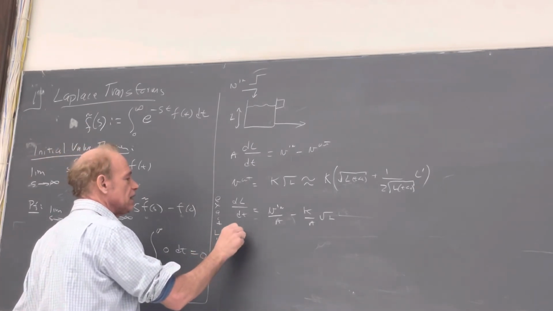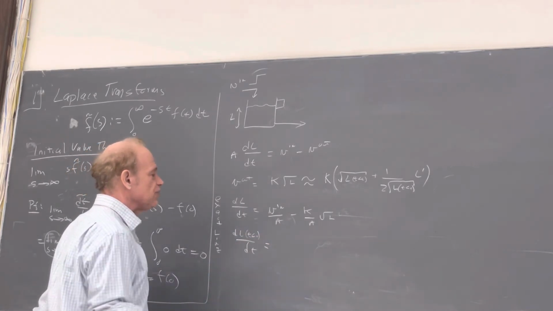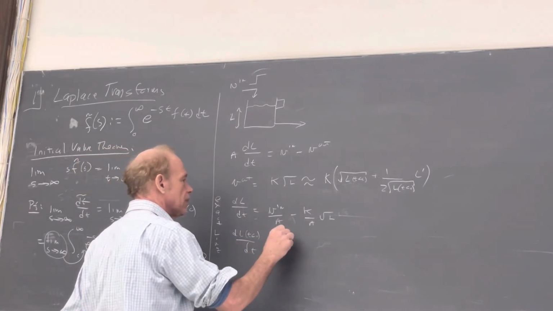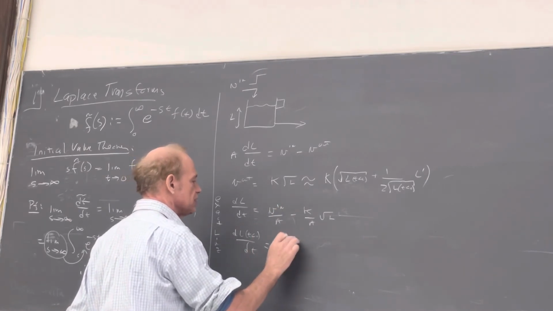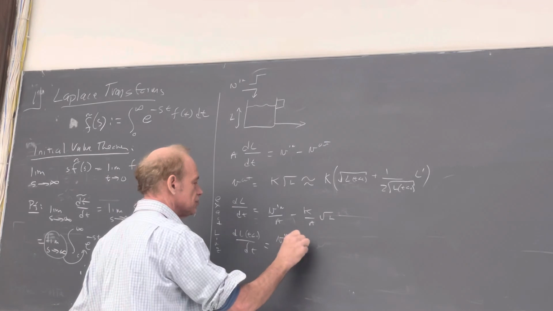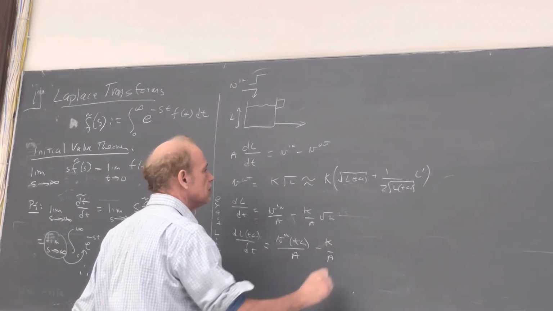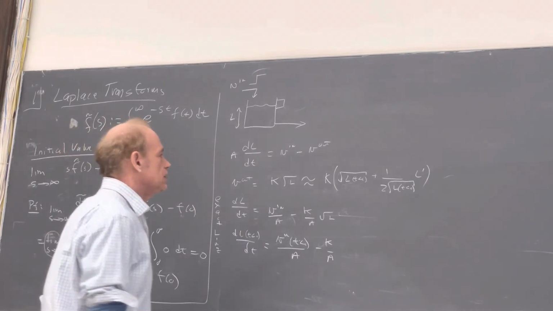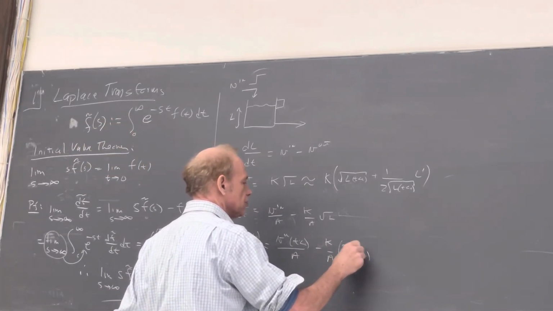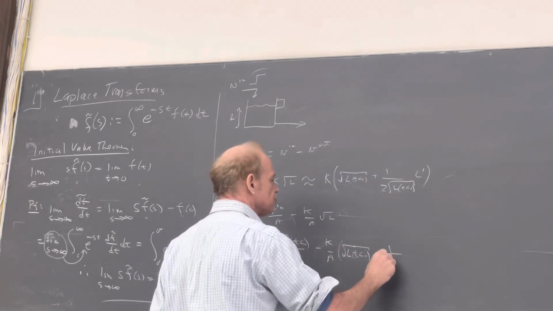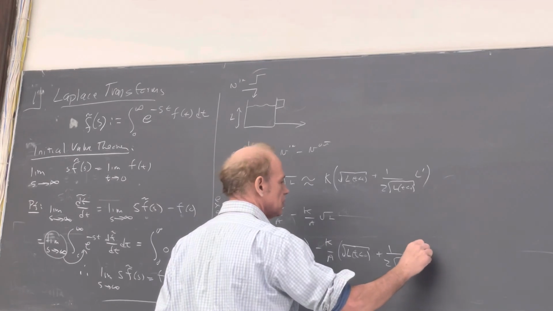So now, dL/dt is equal to V in at t greater than 0 over A, minus K over A times the square root of L at t less than 0, plus 1 over 2 square root of L at t less than 0 times L prime.